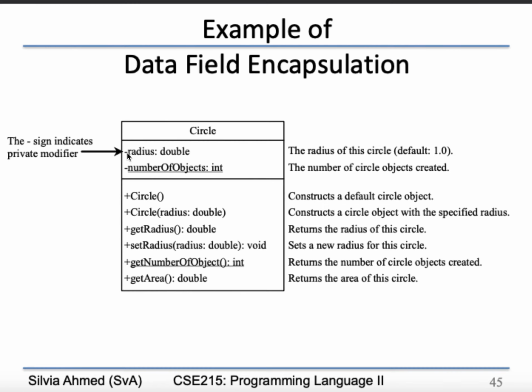We put a minus sign in front of a data field or method to depict it as private. Similarly, to show anything to be public, we put a plus symbol in front of it. If we do not put any symbol, that means it's the default modifier.